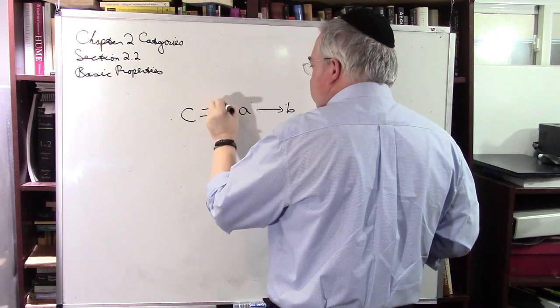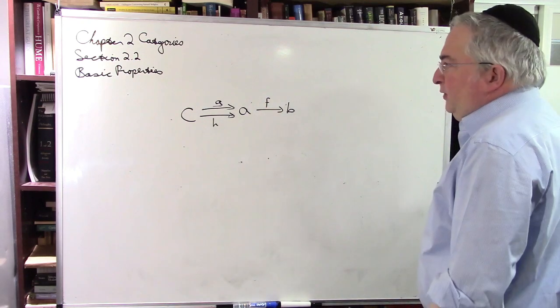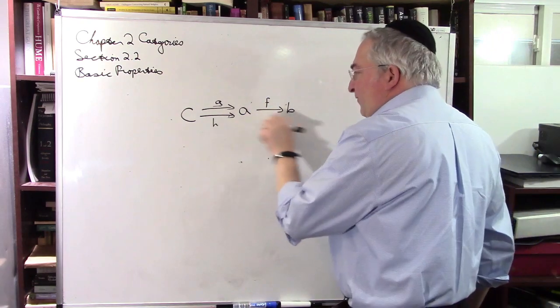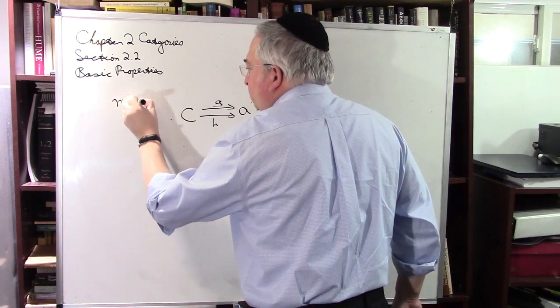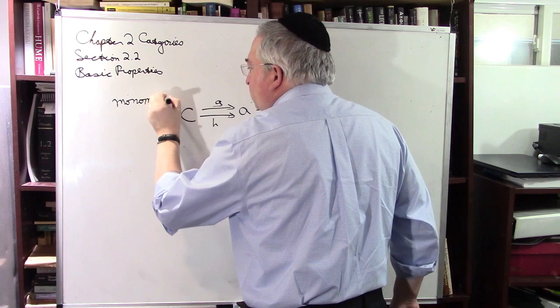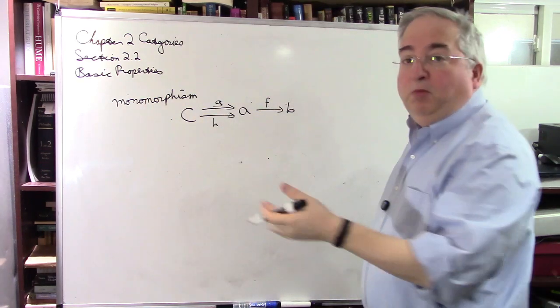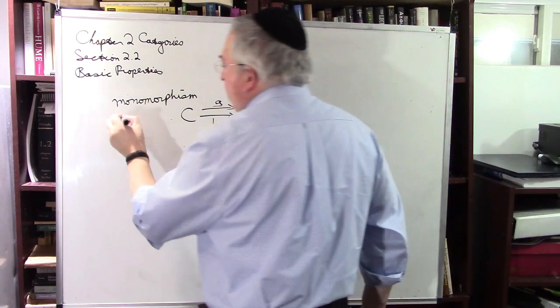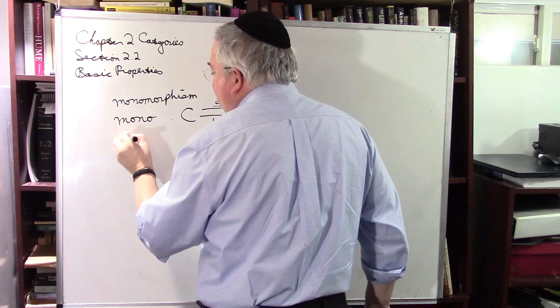We're going to call those G and H and F. Here's the following. F is called a monomorphism. Mono, from one; morphism, homomorphism, monomorphism, or sometimes it's shortened to mono or monic.